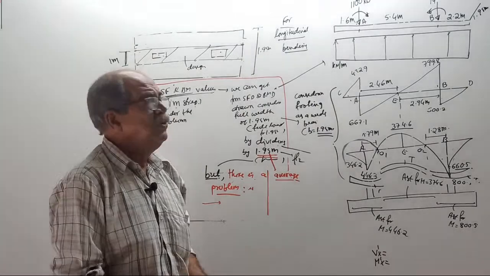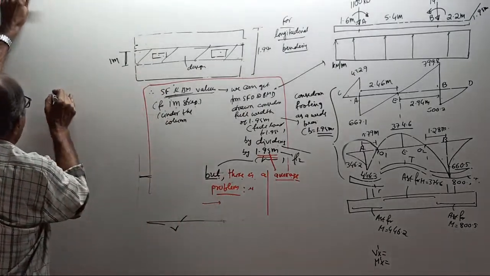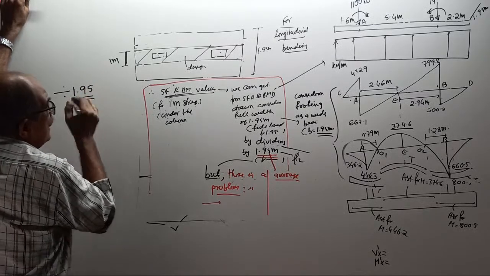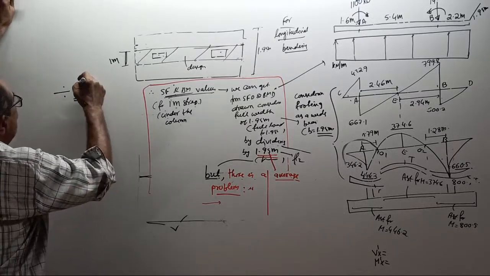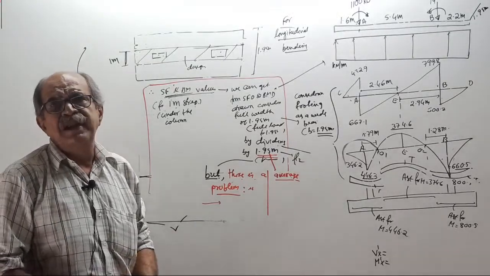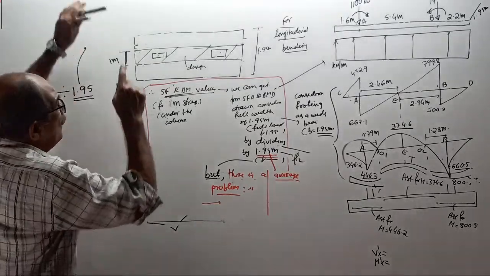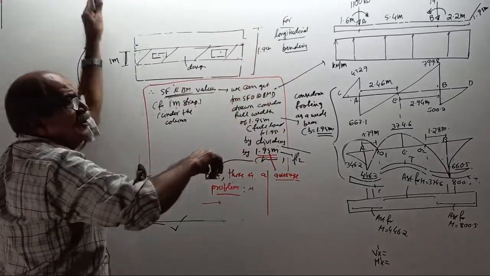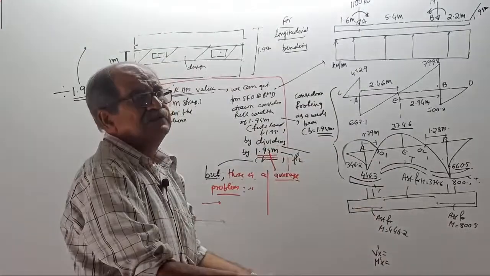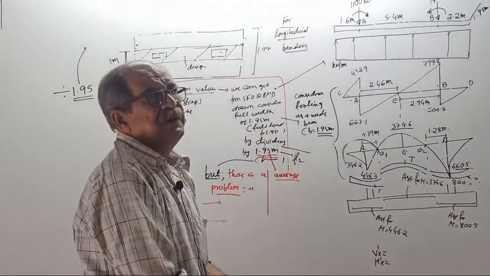Therefore, what we will do is, we will divide by 1.95 first. Tell the reason. Why? Make a note of the reason. This is very important. Reason: those values correspond to the total downward load and also the full width, whatever pressure comes.